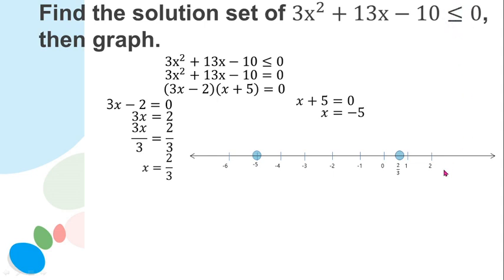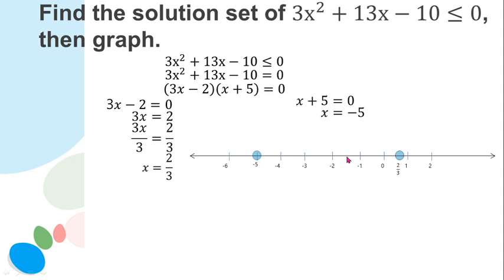If the inequality uses a less than or equal to or a greater than or equal to symbol, the circle that we use to plot the points should be a closed or solid circle. Otherwise, we make use of an open or hollow circle.